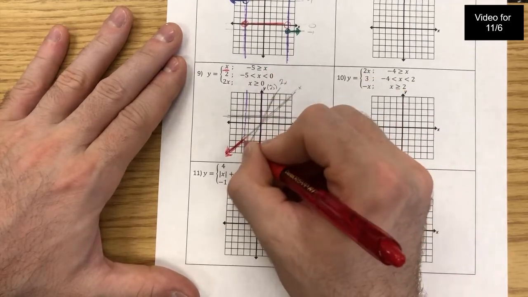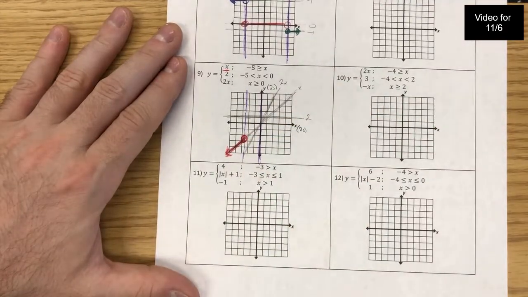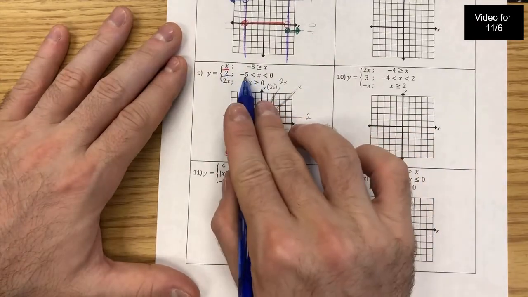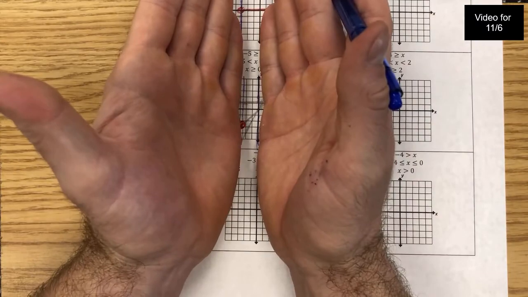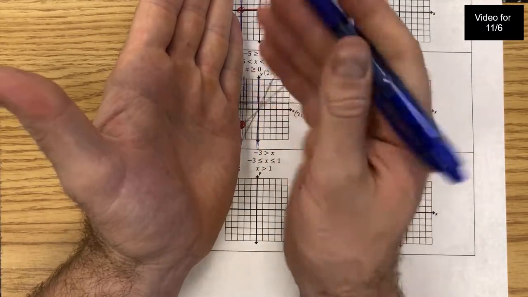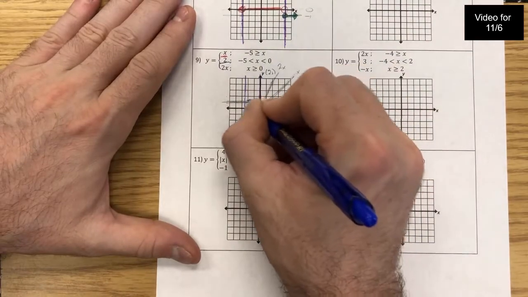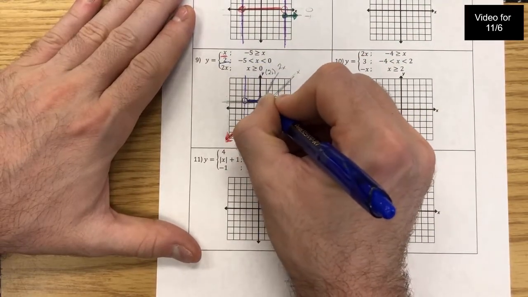And I'm including that point on the barrier. The next thing, my 2 is in between -5 and 0. So I'm going to find my 2 boundaries and say, hey, I'm only dealing with this little piece in between these boundaries. So I'm going to draw a nice thick line. I'm going to include neither end.